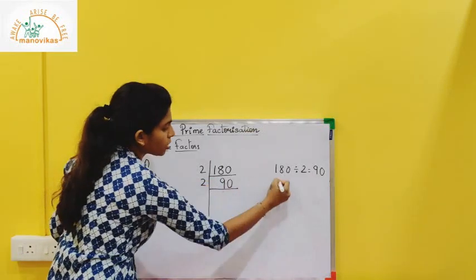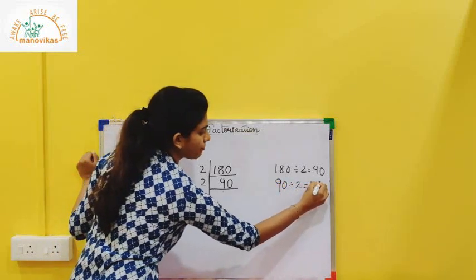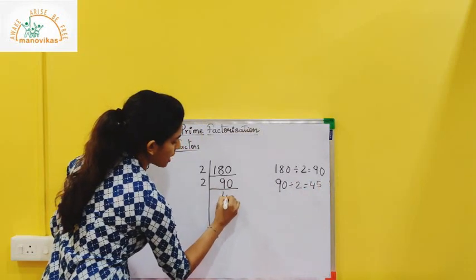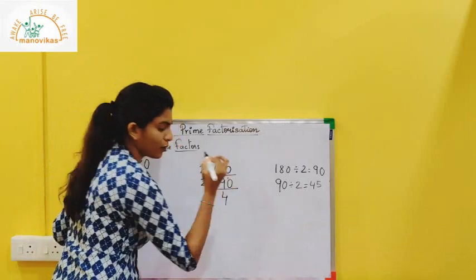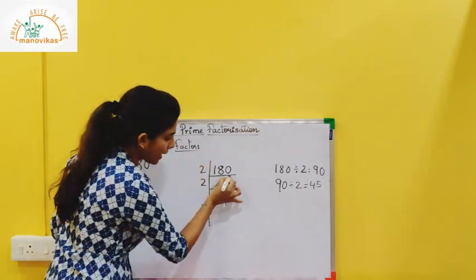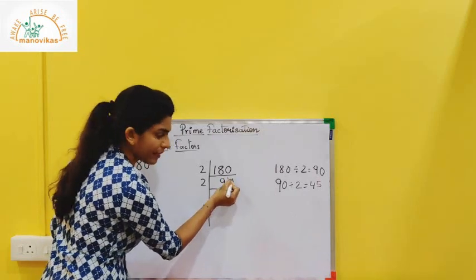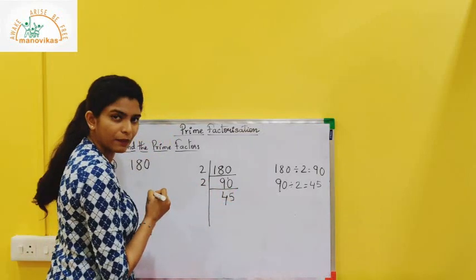So 90 divided by 2 will give you 45. 2 4s are 8, 1 is carried over. Now you got 10 here. 2 5s are 10.